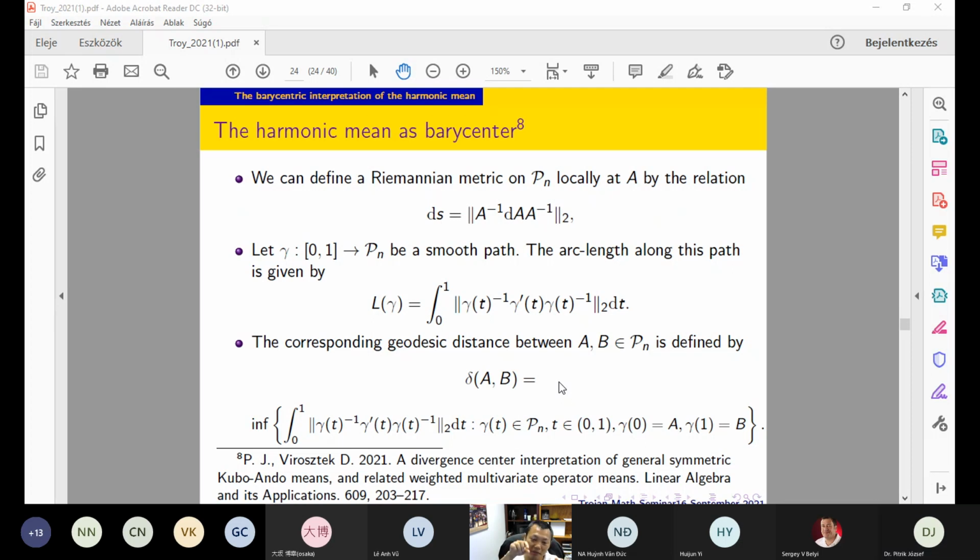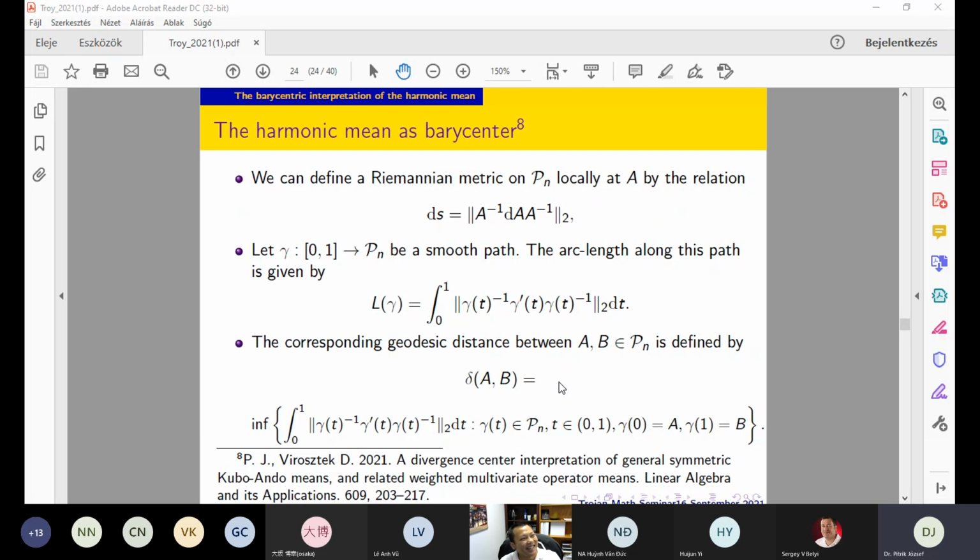Between the arithmetic mean and a point bigger than the arithmetic mean, we still have a lot of points. So my question is, do you know how to construct a divergence on the number line so that each point in between A and B will be the midpoint of A and B, even for the scalar case? I understand your problem, but I don't know the answer.